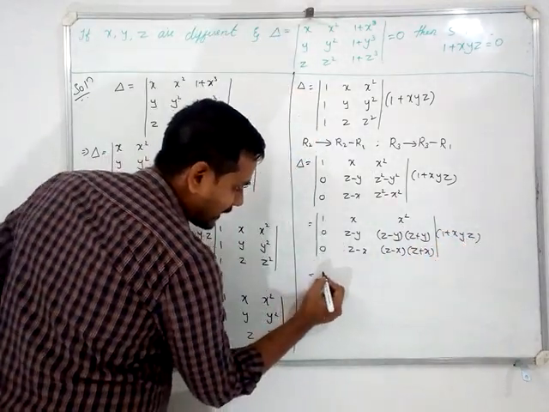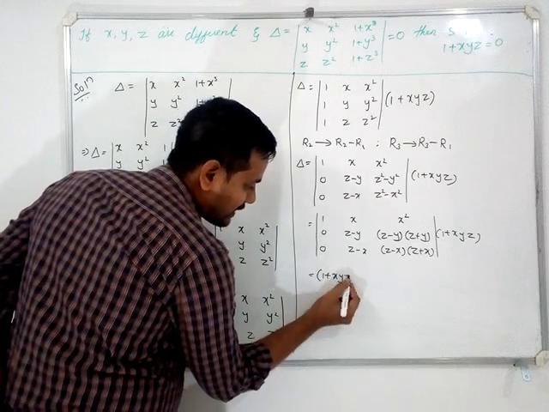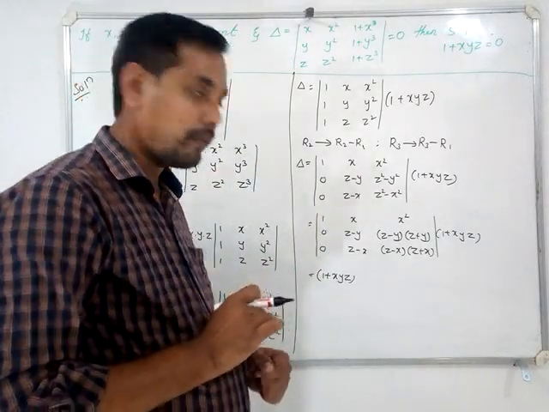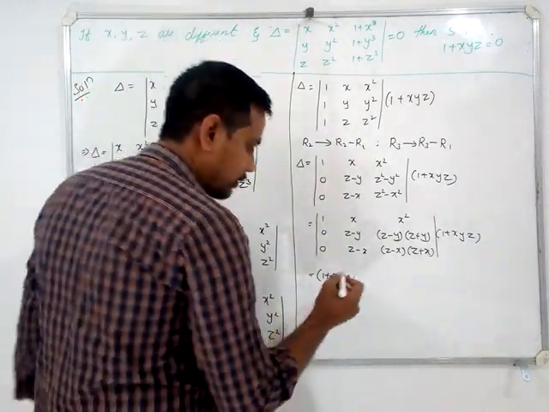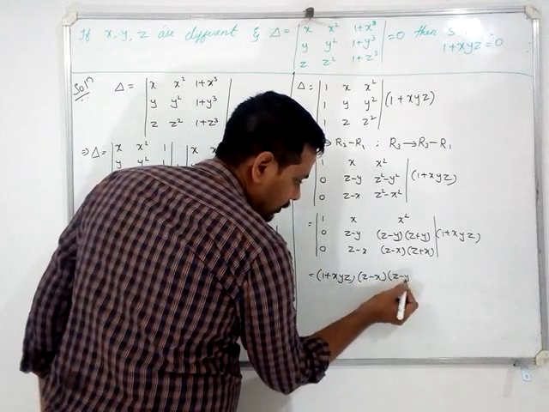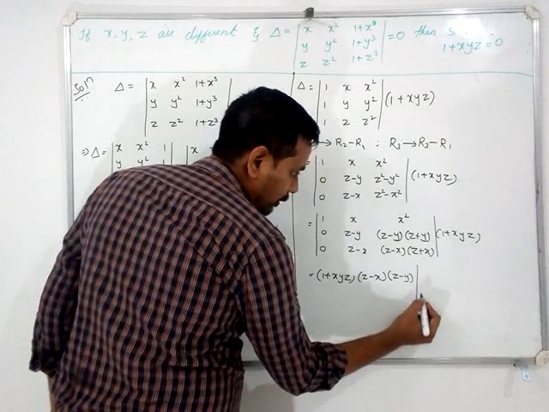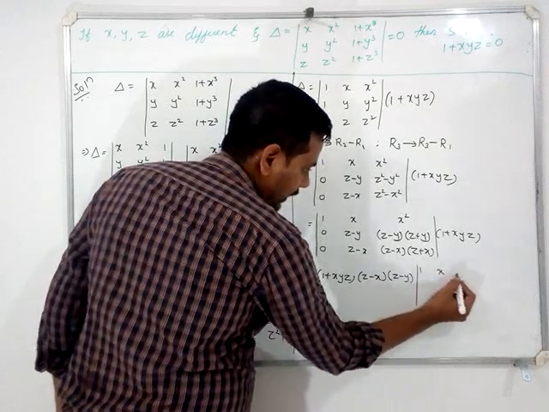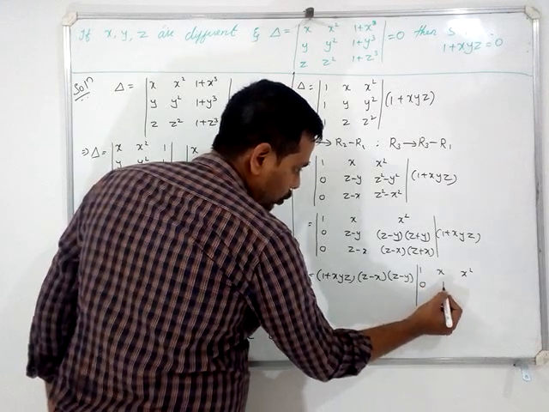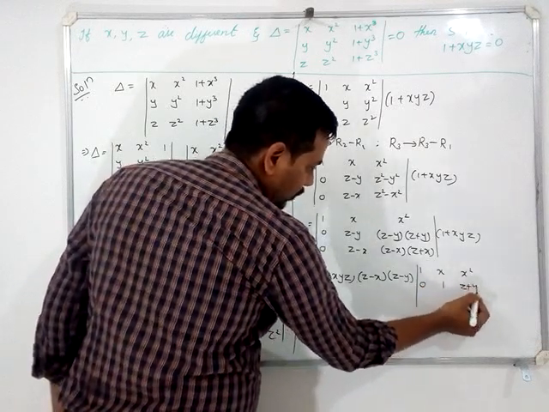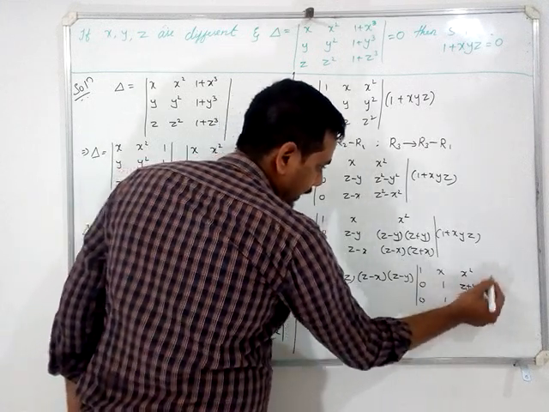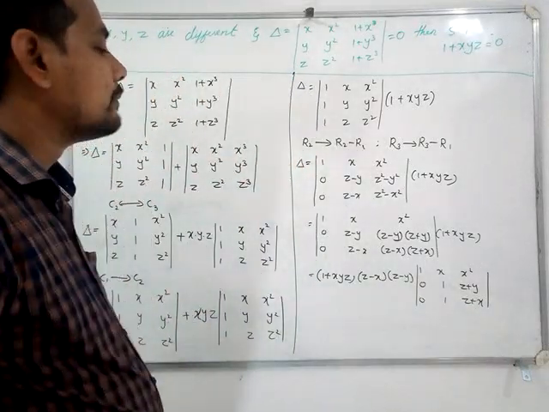So this can be written as 1 plus xyz. This one I am writing here. If I take z minus y from the second column and z minus x from the third column, so z minus x into z minus y, what will be left here? 1 x square, 0 1 z plus y, 0 1 z plus x. This is how it will remain.